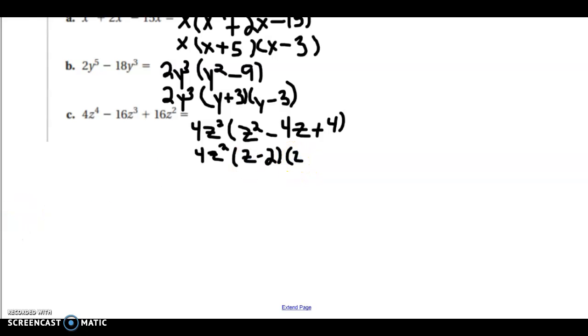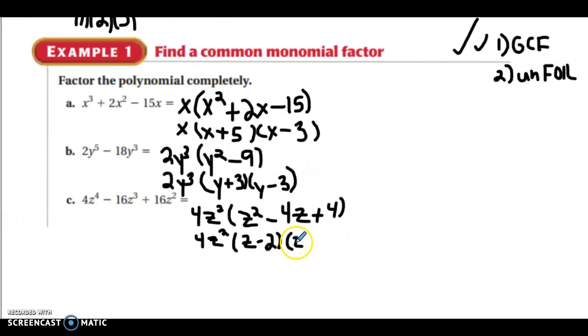And in some sources, this is called a perfect square trinomial. I'd accept that answer right here. But because z minus 2 is being multiplied by itself, you could write it as z minus 2 squared.